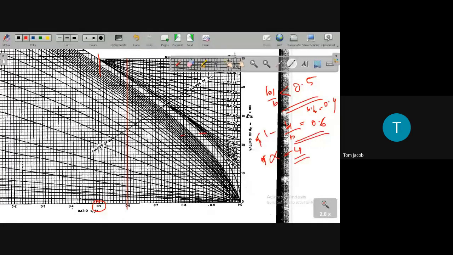Look at alpha equal to 4. That will be here. This is alpha equal to 4. So the intersecting point of this line will be here, and there a horizontal line will come.